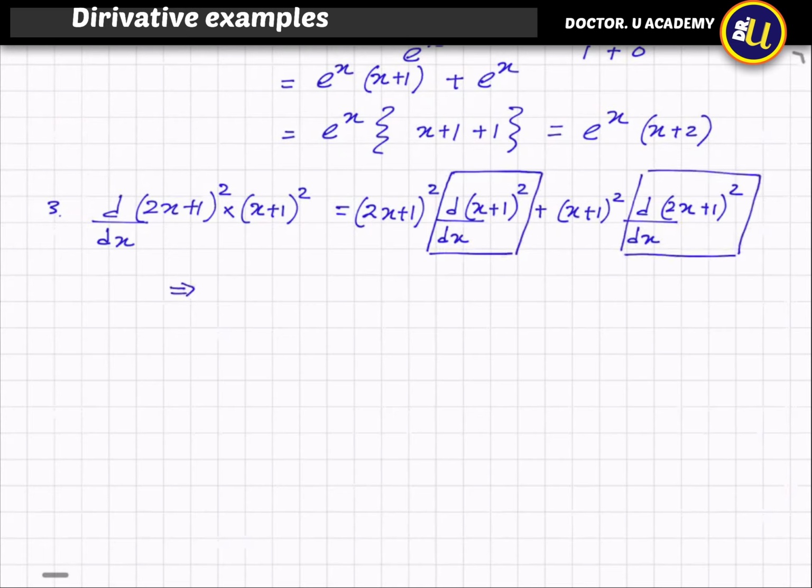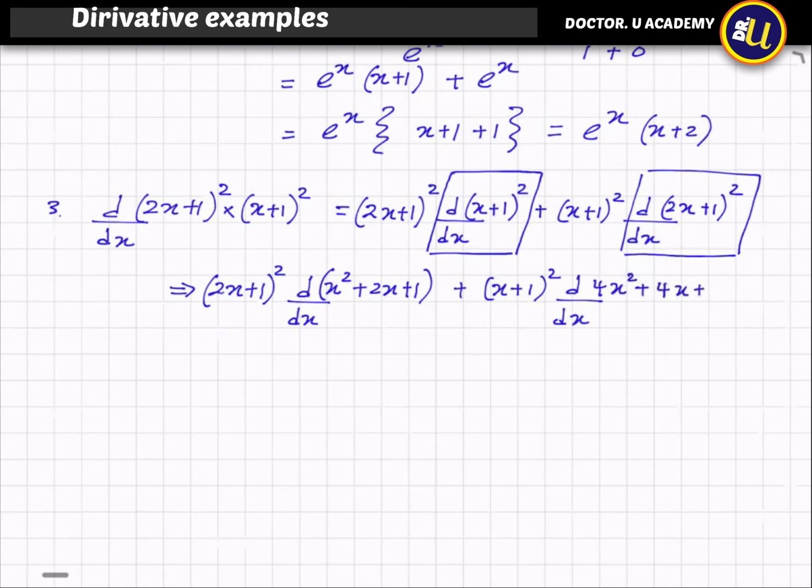So that would be (2x plus 1) squared, here you get d/dx. If you expand it, you get x squared plus 2x plus 1, and then plus (x plus 1) squared. And if you expand this one, you get 4x squared plus 4x plus 1.